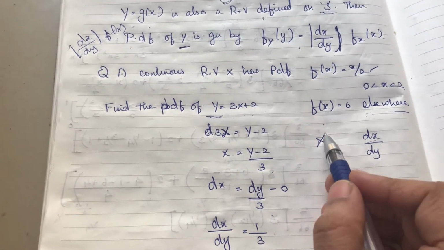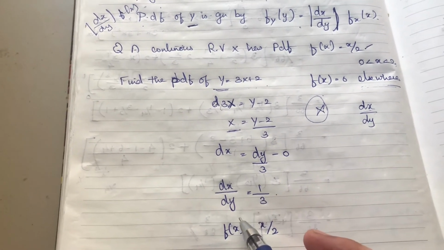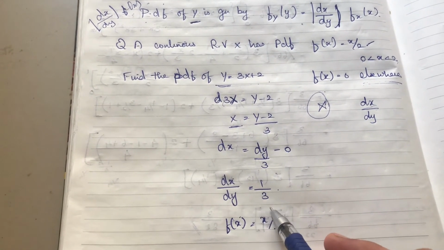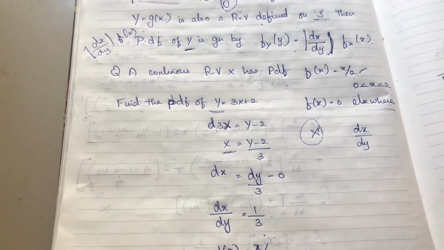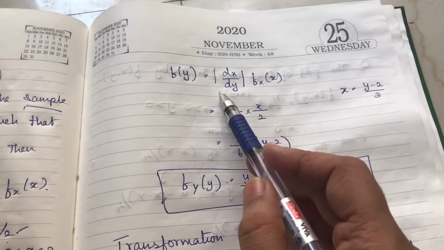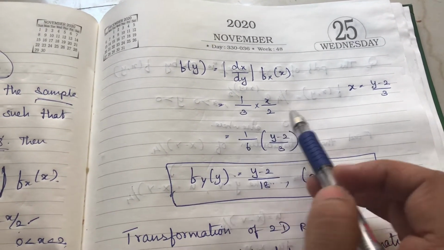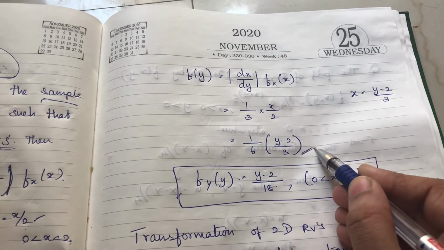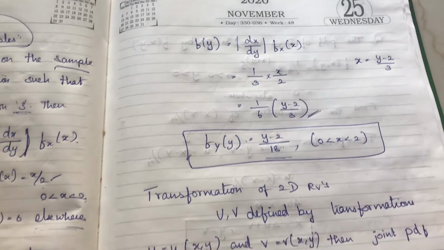So I am replacing this into x form and then differentiating it. I will get the value as 1 by 3, and then f of x is nothing but x by 2. So the formula is the determinant of dx by dy into f of x. By substituting it, I will get the value here. So f of y will be equal to this function in the limit.